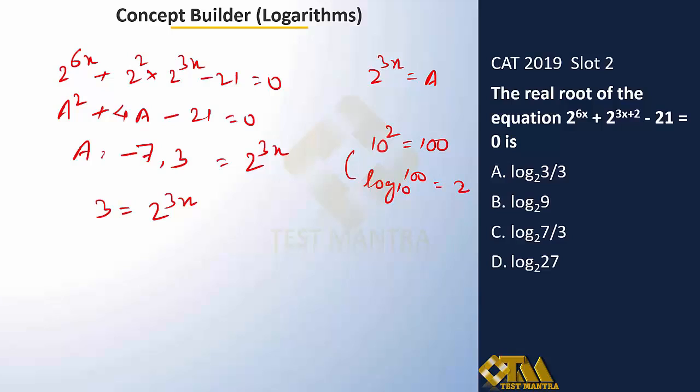Right, so according to this my condition would be, 3x is supposed to be nothing but log 3 to the base 2. So if this is my condition, I can say the value x is nothing but log 3 to the base 2 divided by 3. Right, so my answer is supposed to be again A.